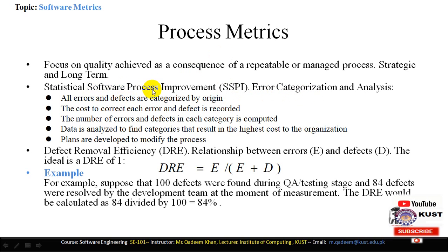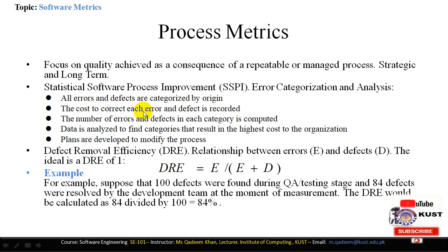In SSPI, error categorization and analysis includes all errors and defects being characterized by their origin. So all the errors and defects that are encountered in using this product are used by SSPI, error categorization and analysis.